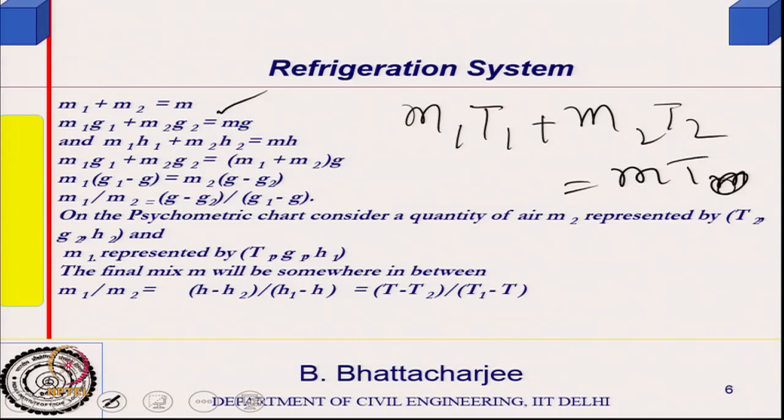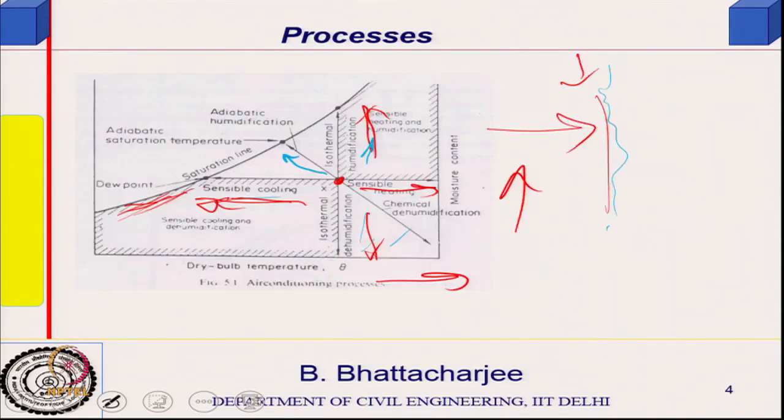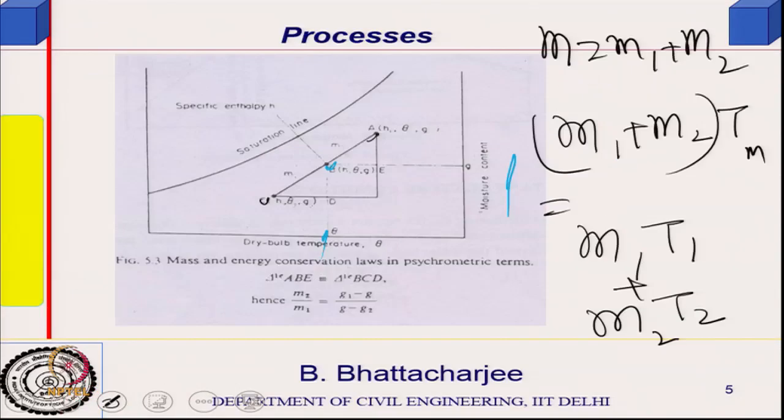Similarly, the moisture content will be given as m1 G1 plus m2 G2 equals m G, and similarly also specific enthalpy. So, the law of mixture follows, and simply one can write this in this manner.